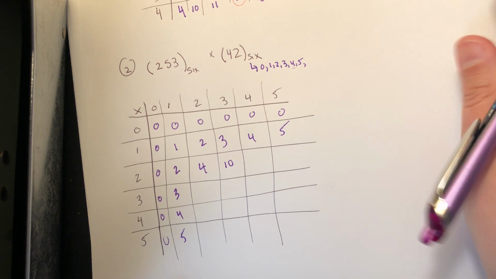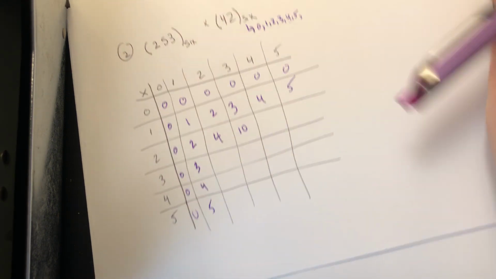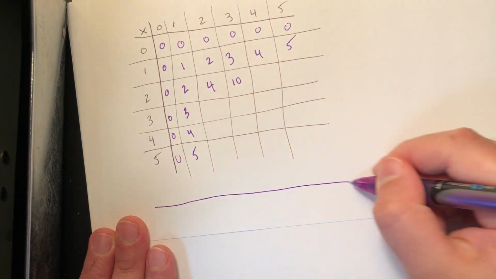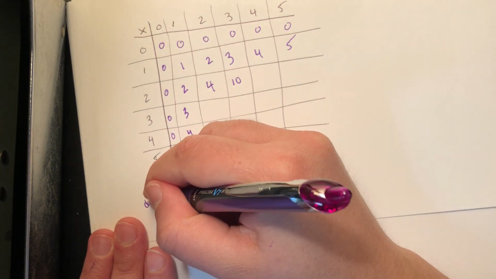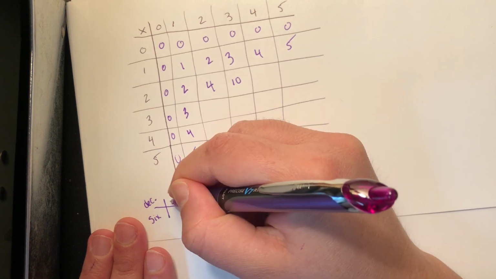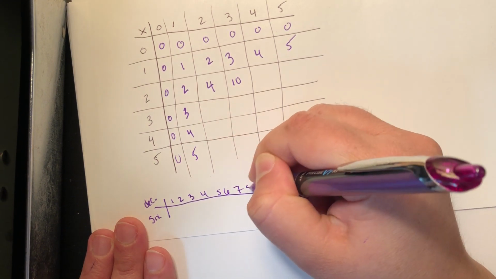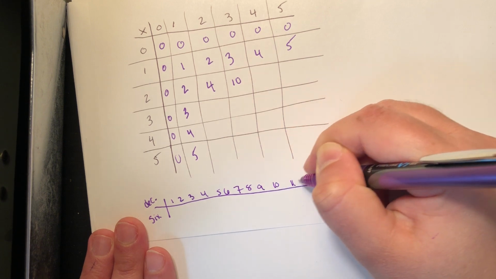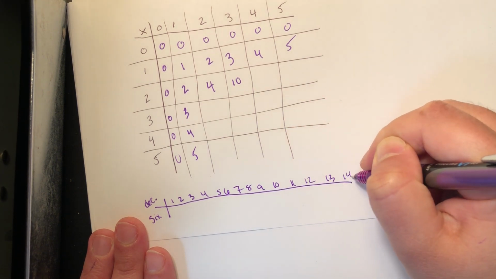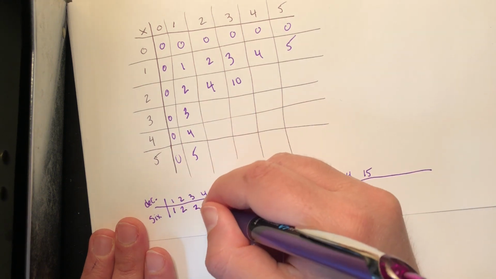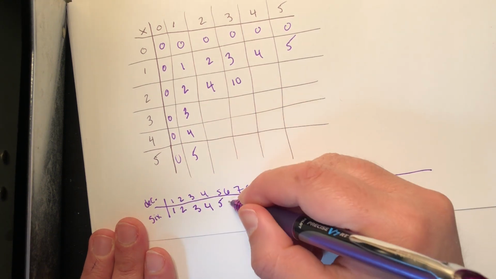All right, it might actually be useful to go through and do a little counting table for yourself to help you do this multiplication table. So in decimal versus in base 6, we have 1, 2, 3, 4, 5, then we run out of numbers.